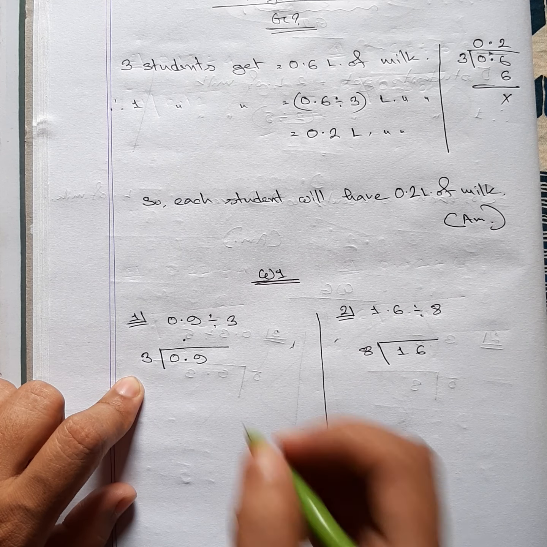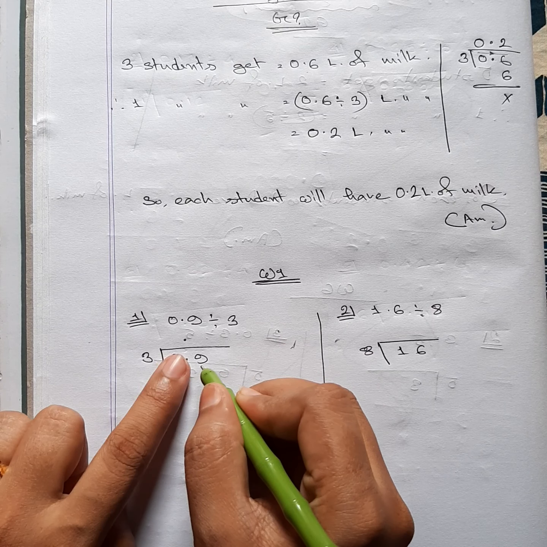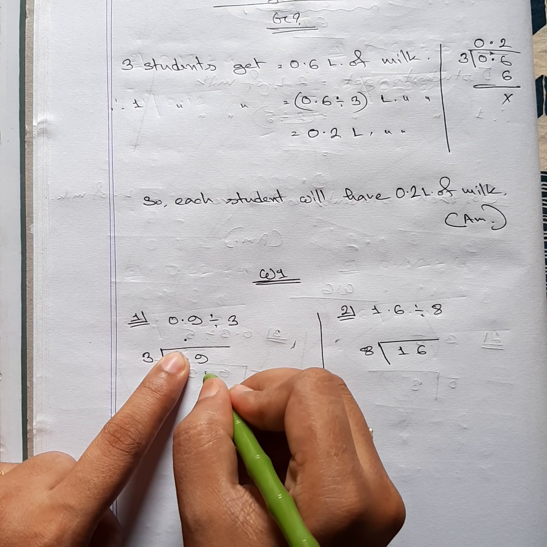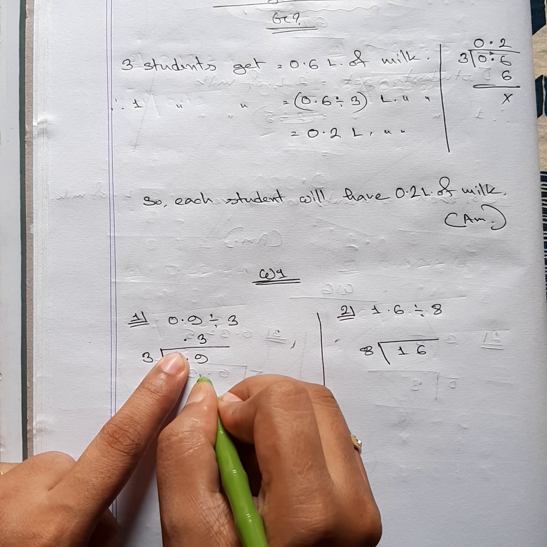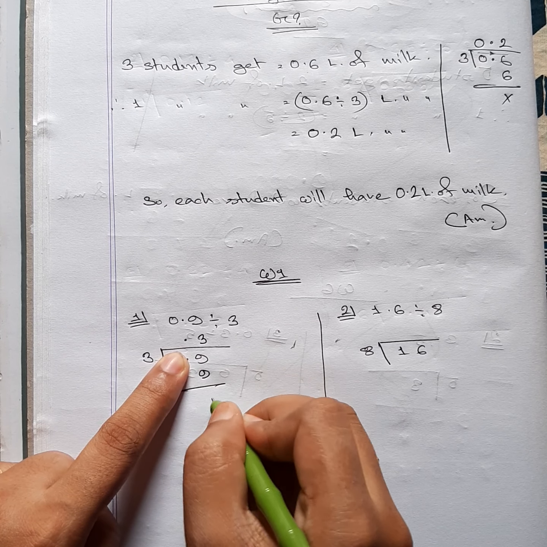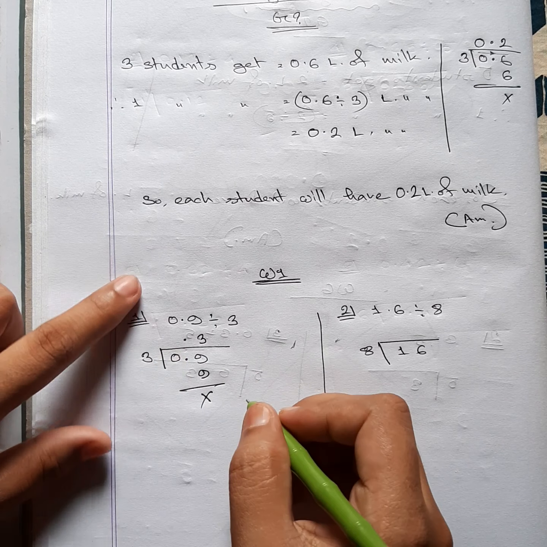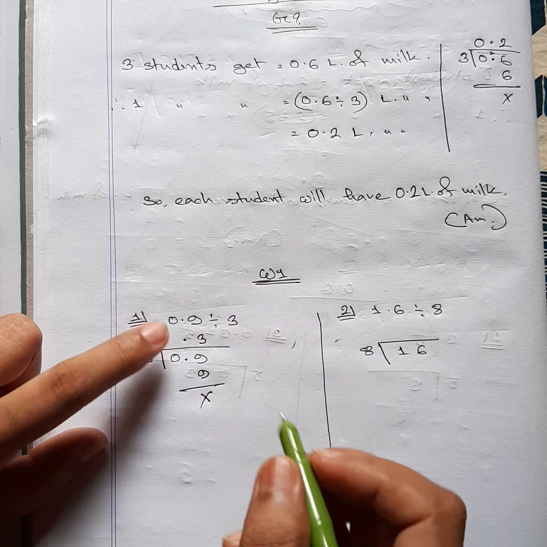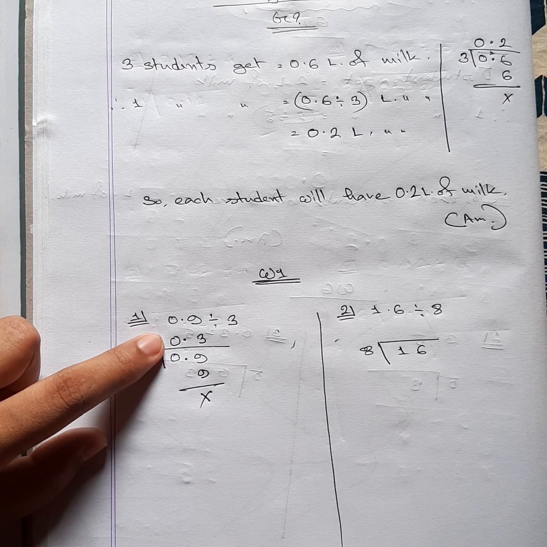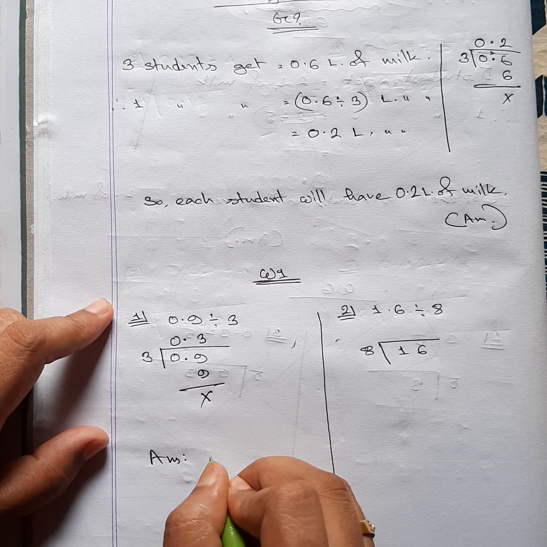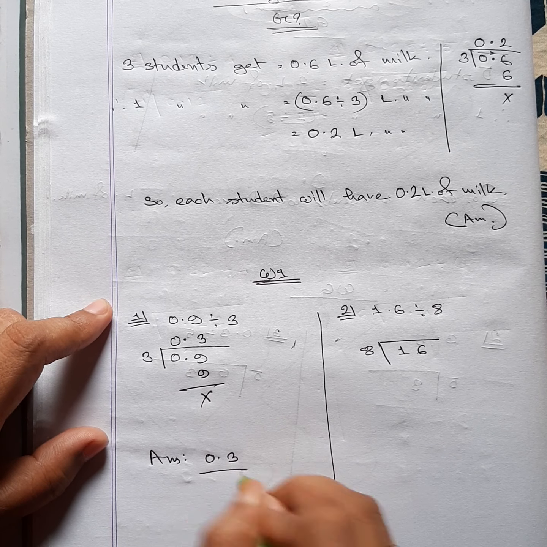Now we have 9, and 3 fits into 9 for 3 times, 3 3s are 9, so there is nothing left over here, 0, so we cut it. You can see we don't have anything, so we fill up the blank. The answer is 0.3.